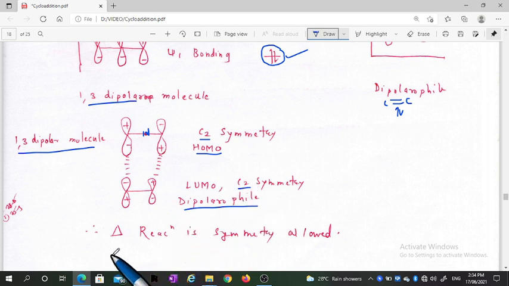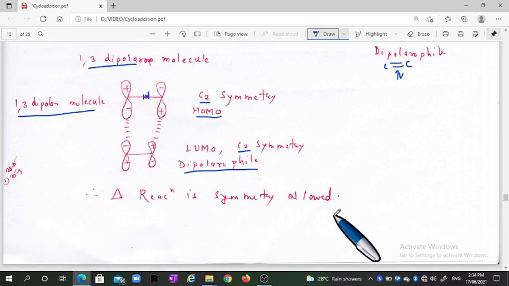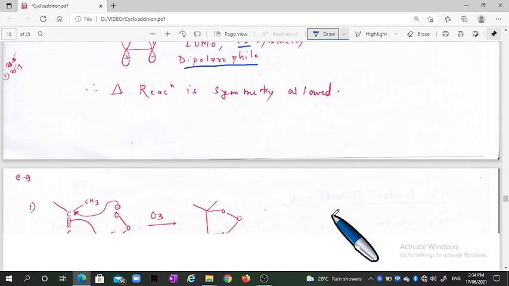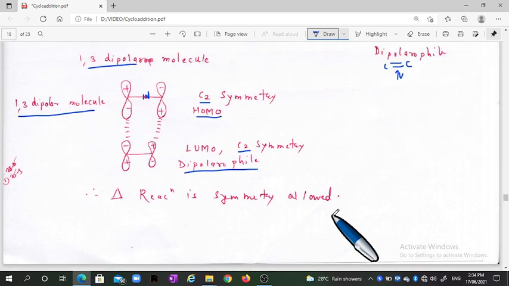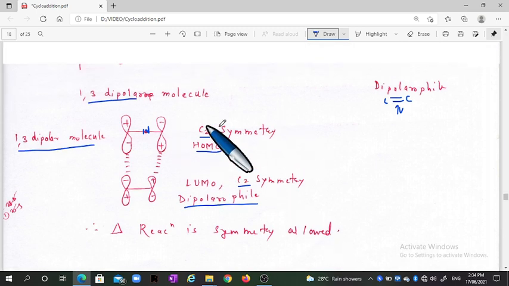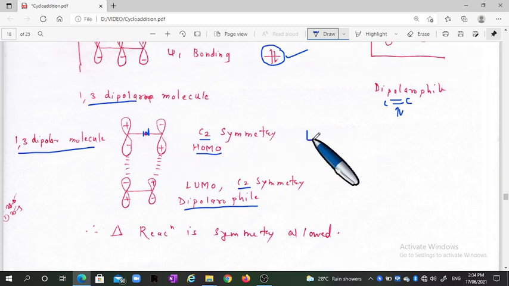Therefore the reaction is a symmetry allowed reaction. In that way we can explain the 1,3 dipolar cycloaddition reaction by using the FMO approach. This is the 4 plus 2 dipolar cycloaddition reaction.